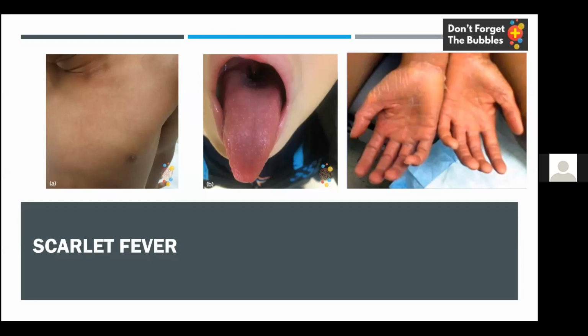The tongue initially has a coating, but it desquamates to result in a red tongue with prominent papillae. After the illness gets better, they often get desquamation of their palms and soles. They also classically have circumoral pallor. So they have this red strawberry tongue, and around their lips it's quite pale.